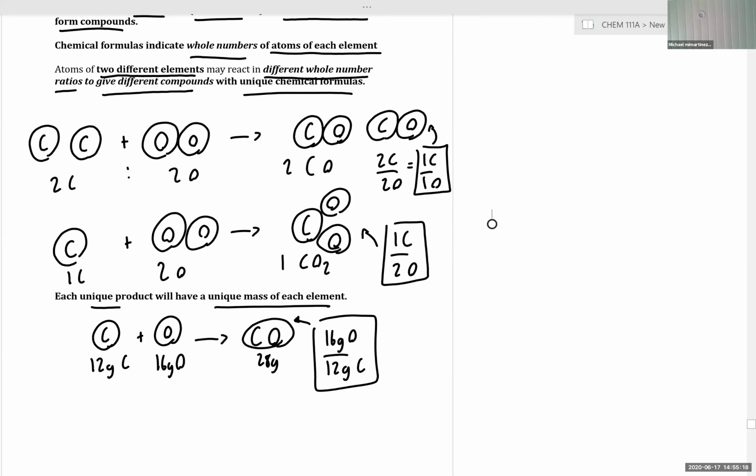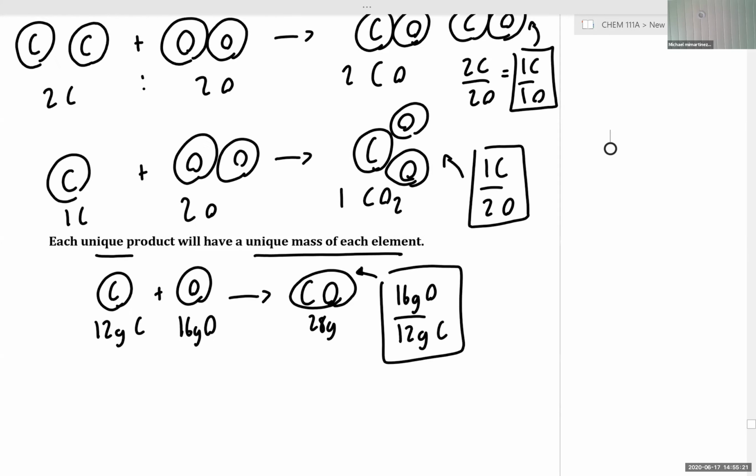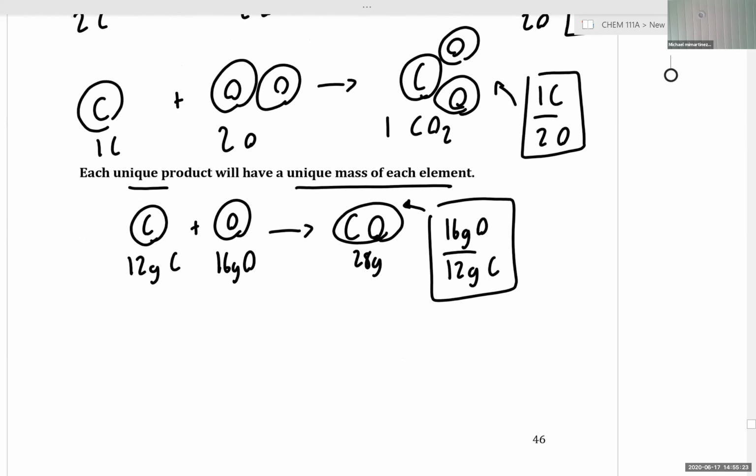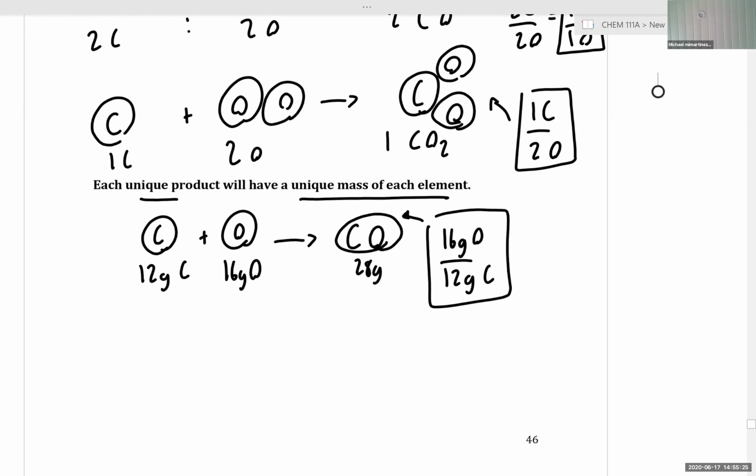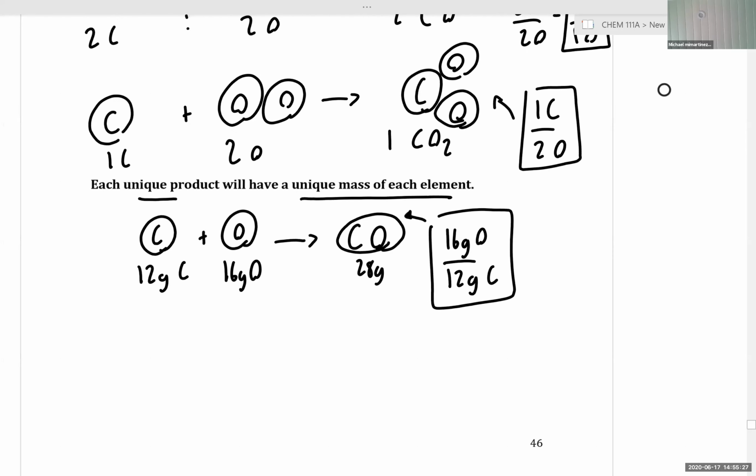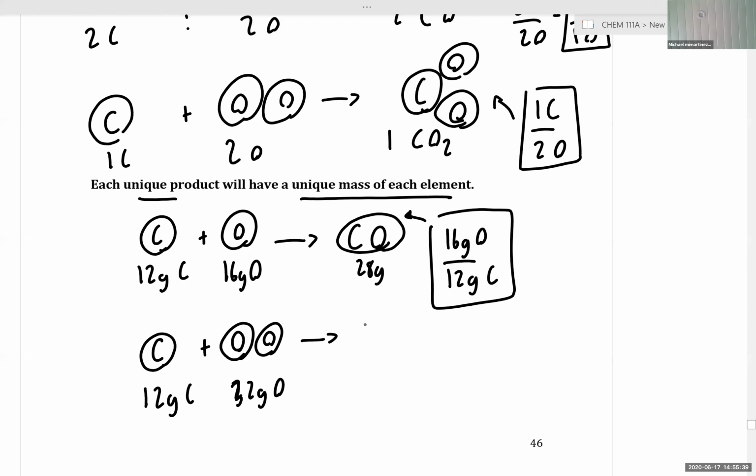Now, if we compare carbon monoxide to carbon dioxide, in carbon dioxide we have 12 grams of carbon reacting with 32 grams of oxygen to yield a total of 44 grams of carbon dioxide.